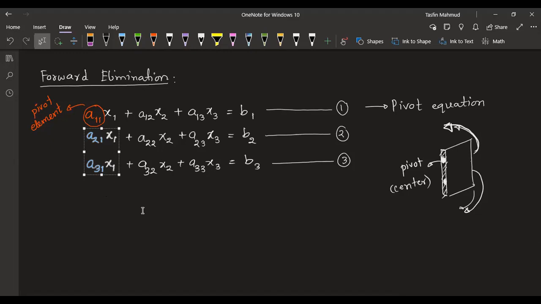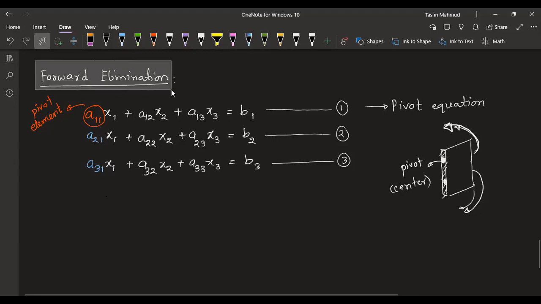As the name suggests, we are going to eliminate something, right? Forward elimination. Why we are calling it forward elimination, I will explain the word forward later. But for now, just try to understand that we are going to eliminate some terms.